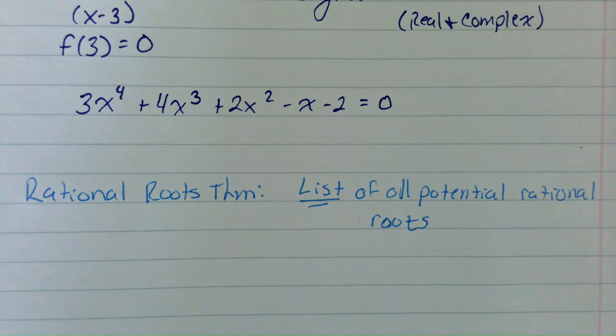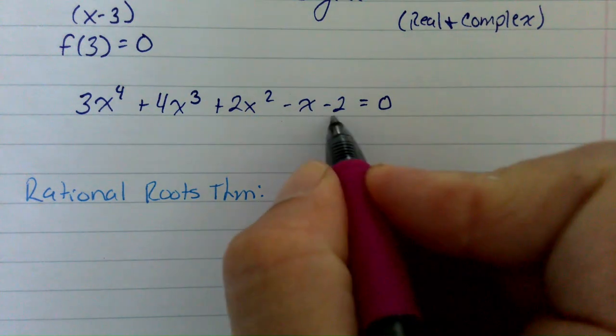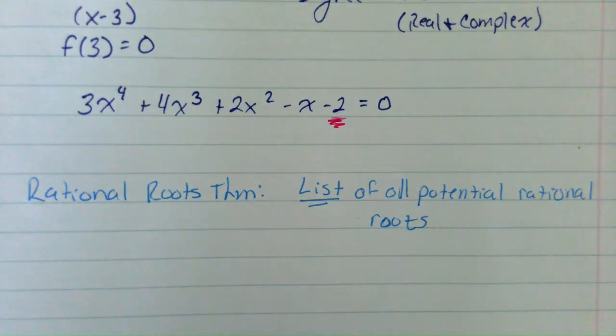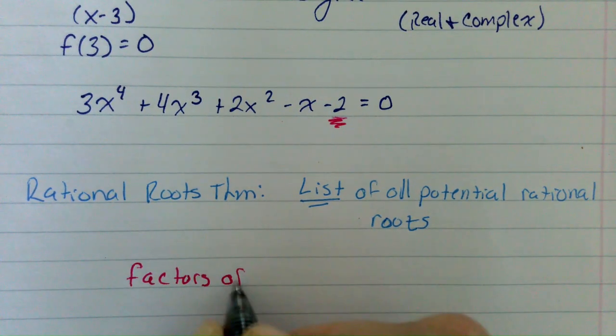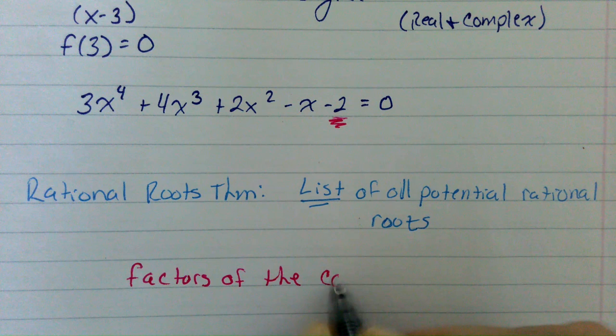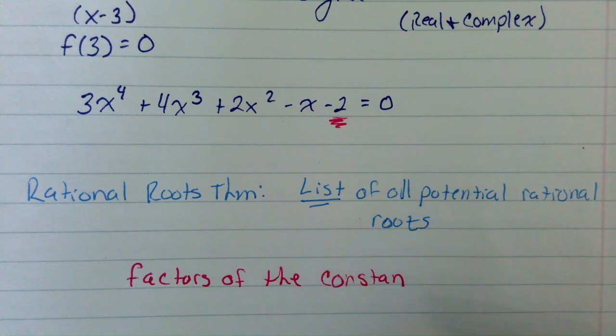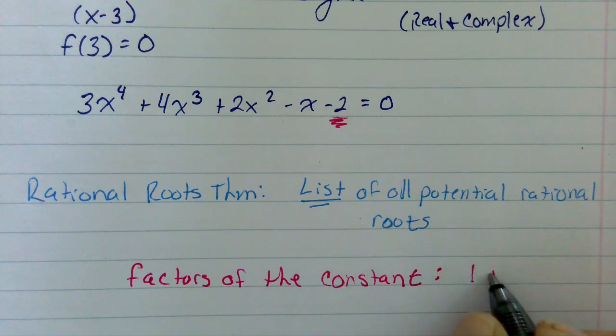So step one in defining the list, because if you can make the list, you can find the roots, is we're going to take the factors of our constant. Factors of 2 are 1 and 2.